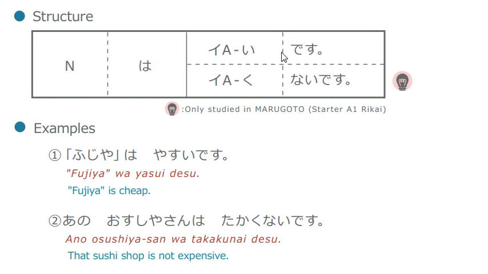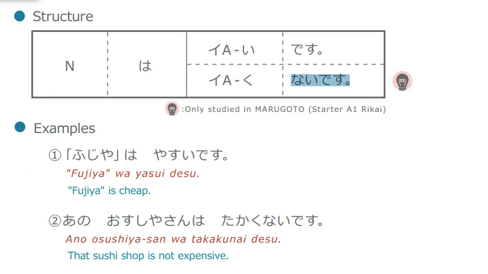So we've got this here. If you want to talk about a negative adjective, you remove the I and add ku and then nai desu. It'll become a lot clearer once we go through some examples.